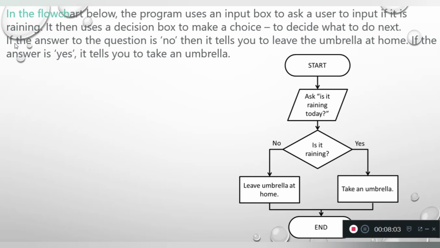In the flow chart below, the program uses an input box to ask a user to input if it is raining, then it uses a decision box to make a choice to decide what to do next.